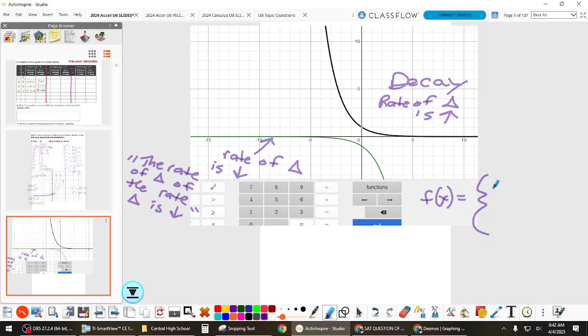And so let's say we did 2 to the x, we'll just use the one we've been looking at. 2 to the x for, where do you want to start? Like 0 at the y-axis? Okay, so for x between 0 and 10. And then, what do you want it to do after that? I want it to like move over. Okay, and then we would say f of x equals... it's going to have to be bigger than that.